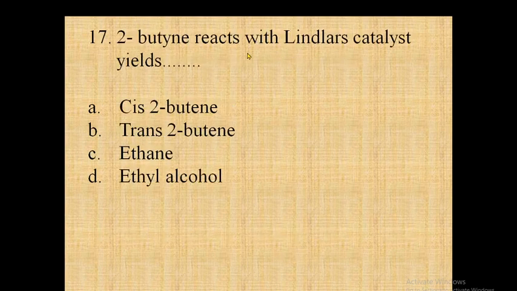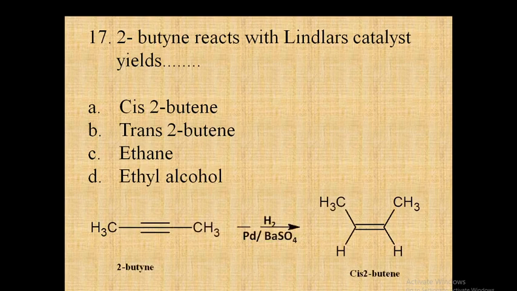Now 2-butene reacts with Lindlar's catalyst and yields what? One of the simplest questions. Cis-2-butene, trans-2-butene, ethane or ethyl alcohol. Lindlar's catalyst is a very important catalyst from a stereochemical point of view.